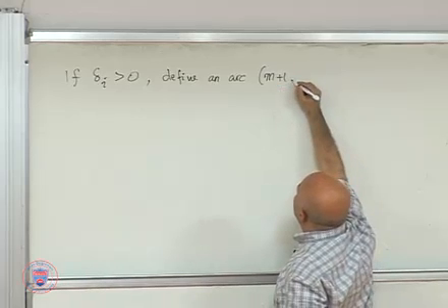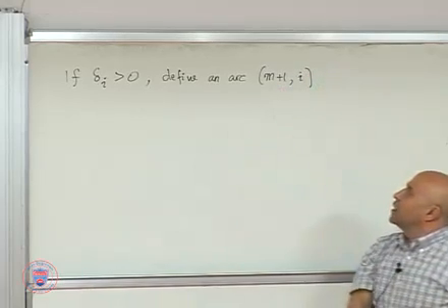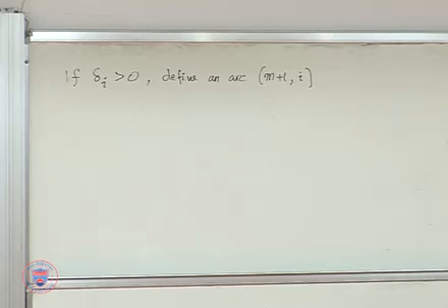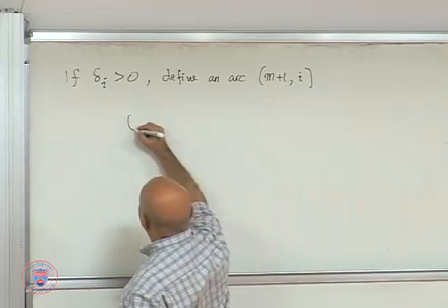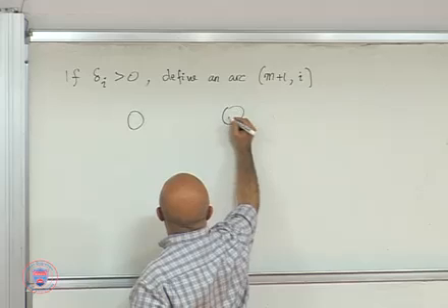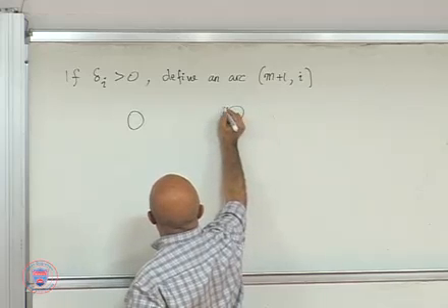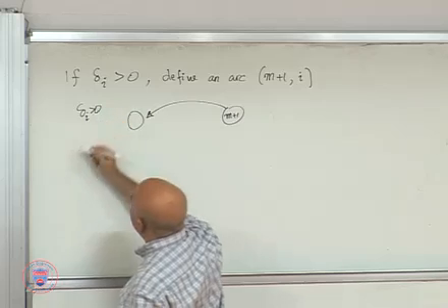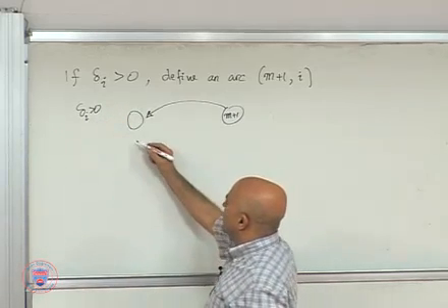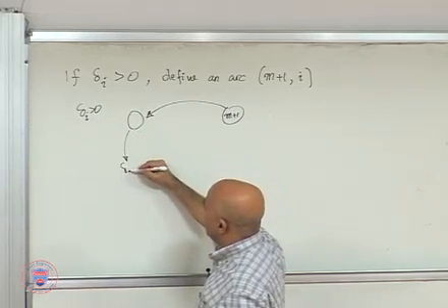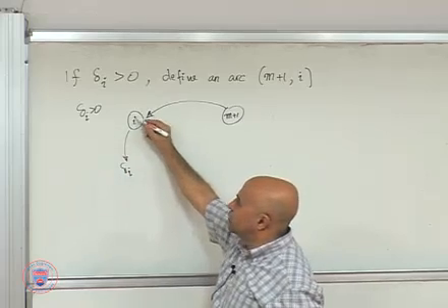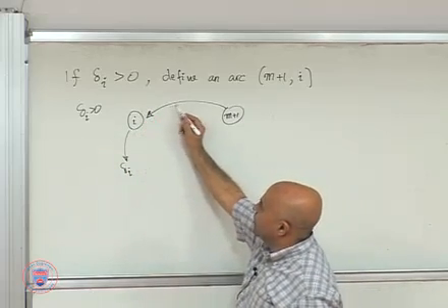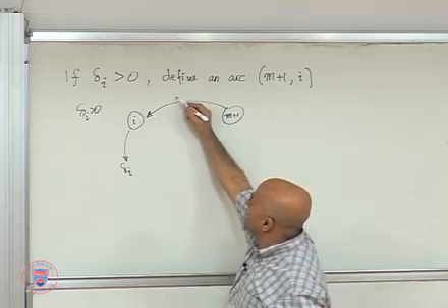So you insert an arc from the dummy node into node I. This is for the case that delta I is positive. Delta I positive means you've got delta I units coming out of node I. So whatever that amount is, you balance that with inflow of delta I units.